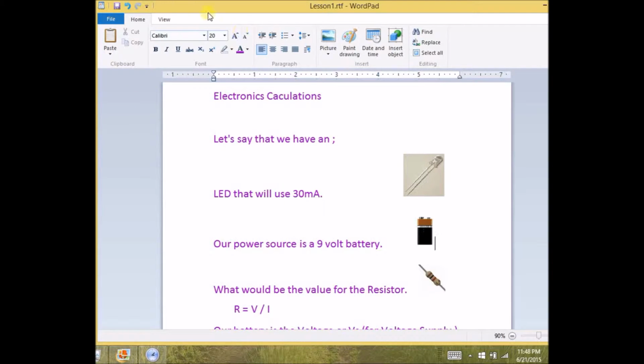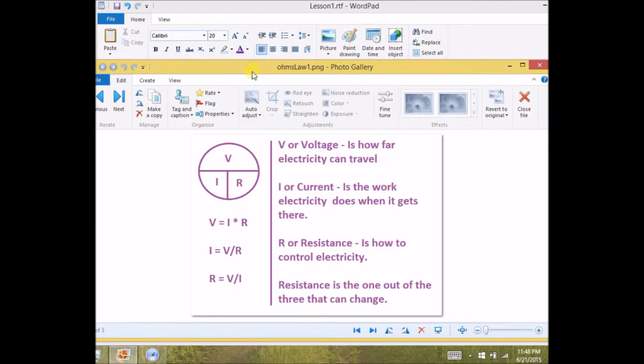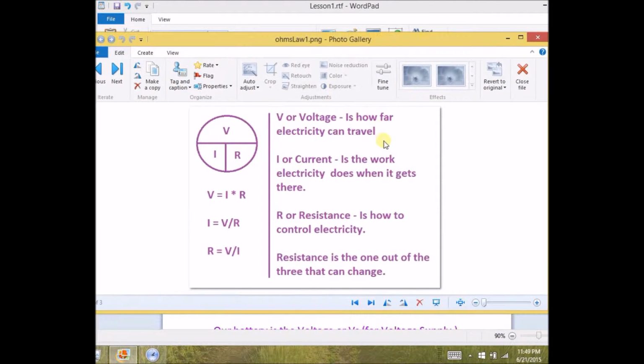Now I'm going to bring up what I call the Ohm's law diagram. Now I might be wrong, don't shoot me if I am. That's how I remember it when I was researching it.